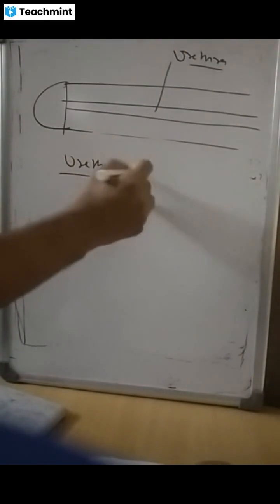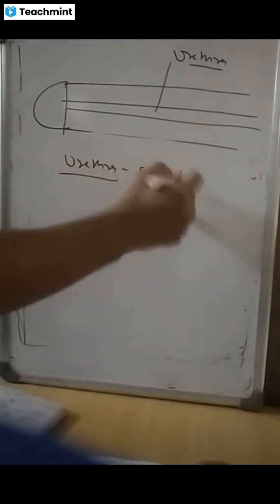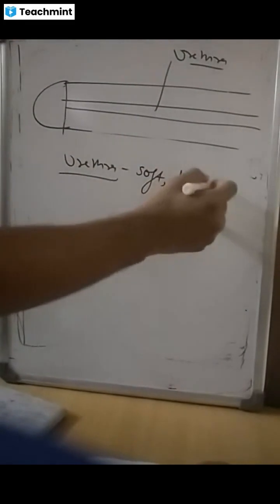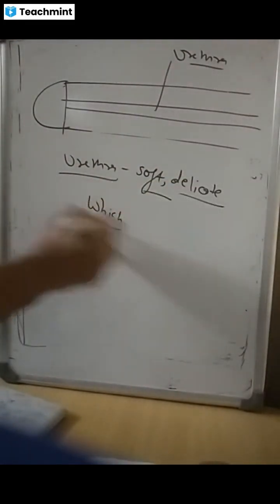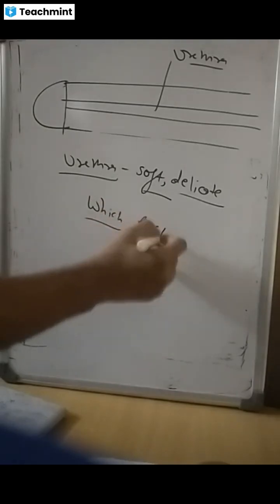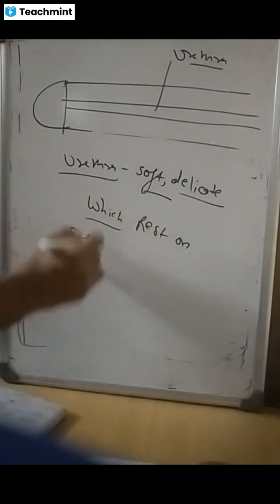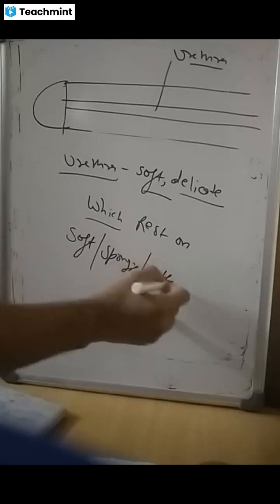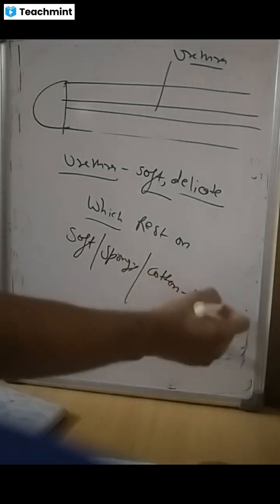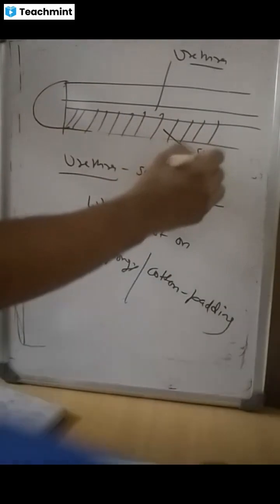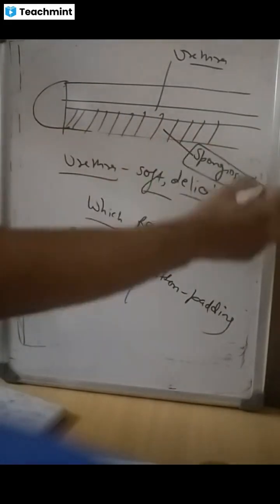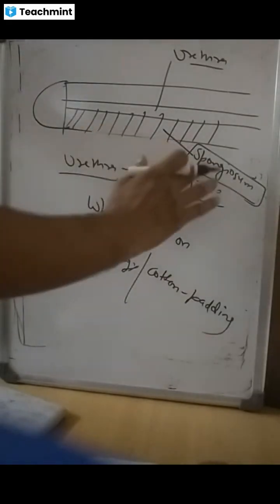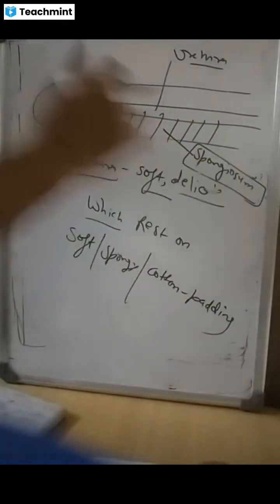Urethra is a soft, delicate thing, soft, spongy, or something like cotton fabric. The tissue around the urethra is spongiosa. Corpus means body part, so corpus spongiosum.